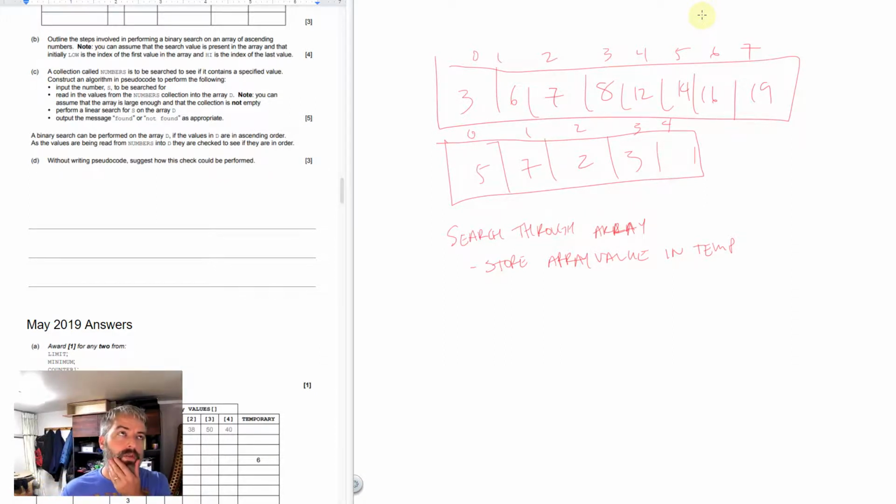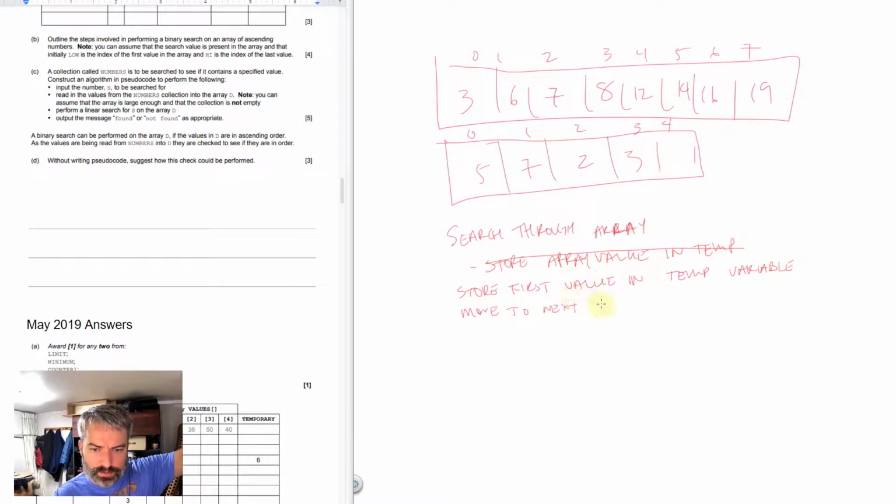So we need to look through the array. Okay, so maybe we should search through array. Store first value in a temporary variable. Move to next array location.